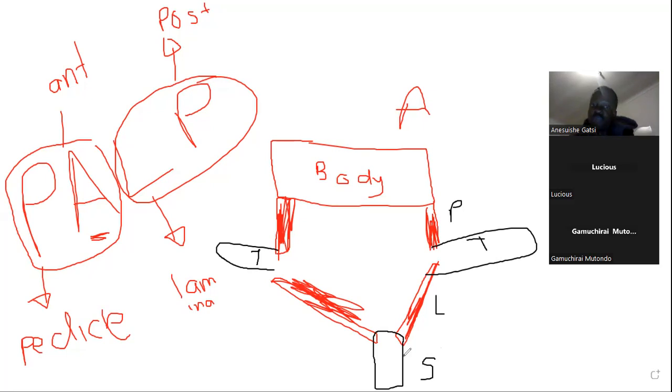The space that is left between the body and these projections, this space that I'm writing within now, this is what we call the vertebral canal. That's where the spinal cord will be housed. Right? And that vertebral canal has a different shape depending on the region.